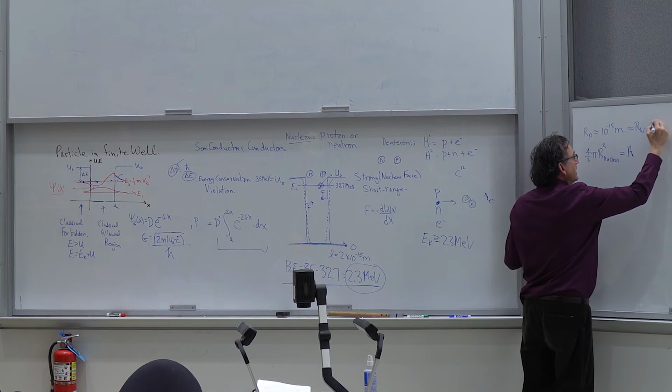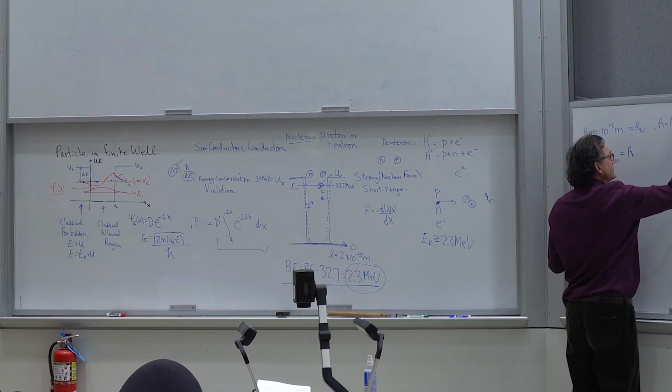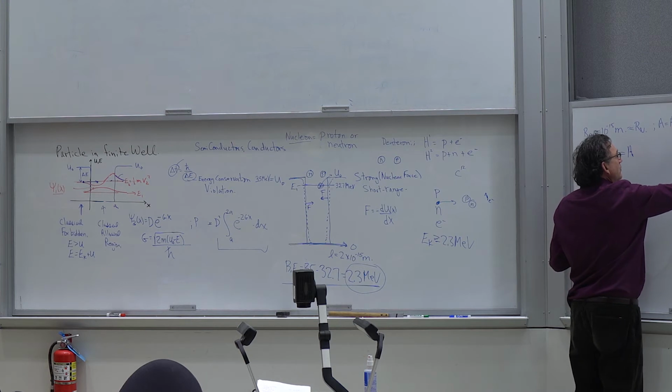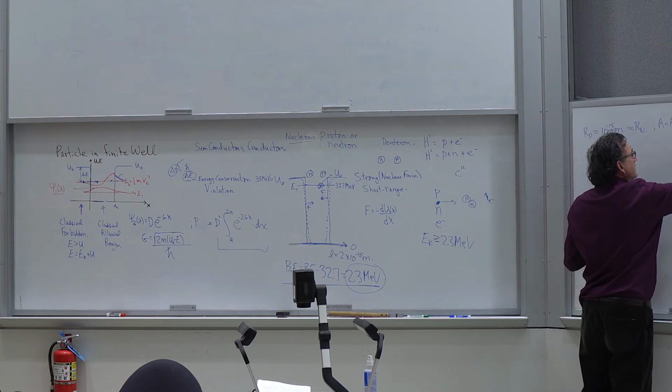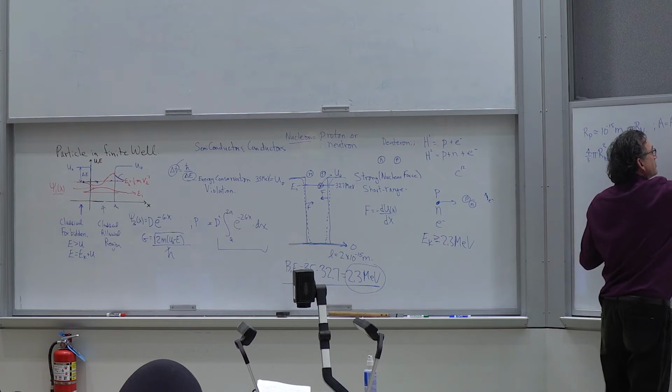So A, by the way, is the atomic weight, I'm sorry, this is called the atomic weight, which is equal to the number of neutrons plus the number of protons.